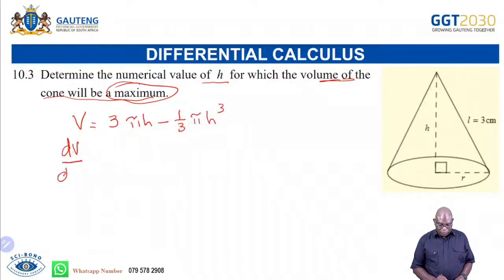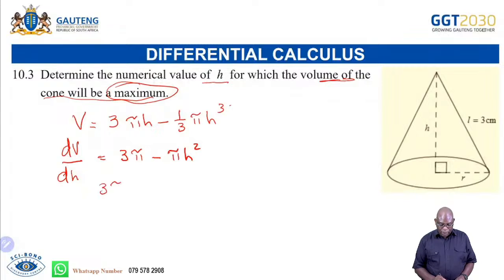So I'll get dV over dh. Therefore, I'm going to get 3 pi minus, if I multiply 3 by 1/3, what do I get? Pi h squared, because I must subtract 1 on the power of h. Then remember, this must be equal to 0.